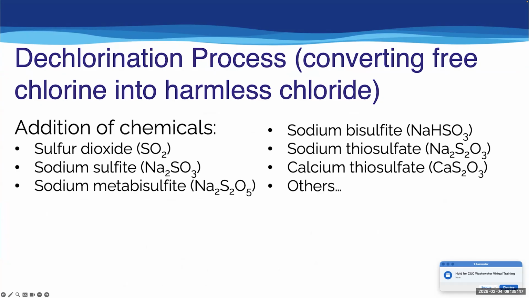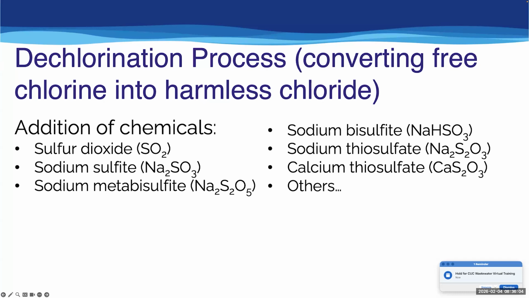But just like with the inactivation of microbes, where we're not necessarily killing them, the idea here is that one way to dechlorinate is to get the chlorine gas to dissipate out into the environment.